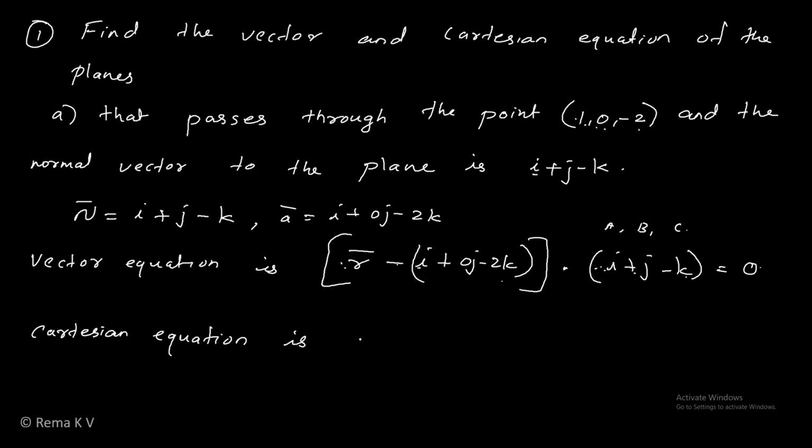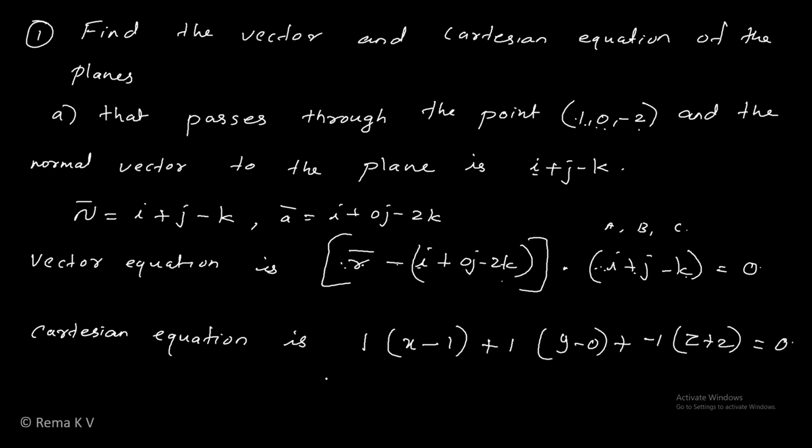So we can write it as 1 into x minus x1, which is x minus 1, plus b, the scalar component, is 1 into y minus y1, which is y minus 0, plus c is minus 1 into z minus 2, equal to 0.